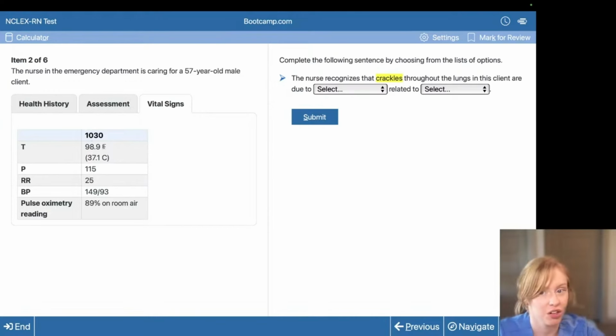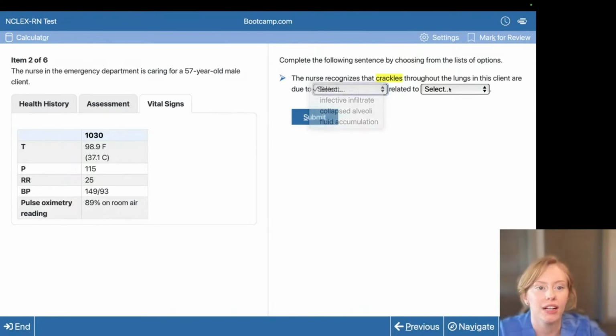If he had a fever, or if we had lab results here, I might look at a white blood cell count. Yep, Faith says temp, Mary says high temp, yes. And so we can recognize that infection is less likely because he doesn't have a fever or yellow-green sputum. He doesn't have body aches or chills, or someone in his house who is sick. We don't really have any clues for that.